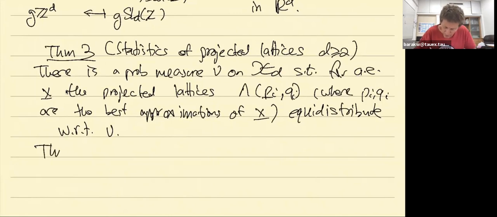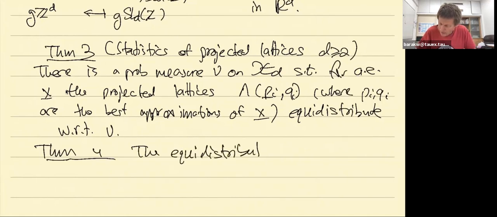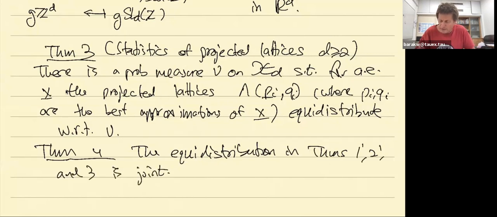And finally, one more theorem. Theorem 4, the equidistribution in theorems 1 prime, 2 prime, and 3 is joint, again, in the sense that I defined before. All of these quantities jointly equidistribute.